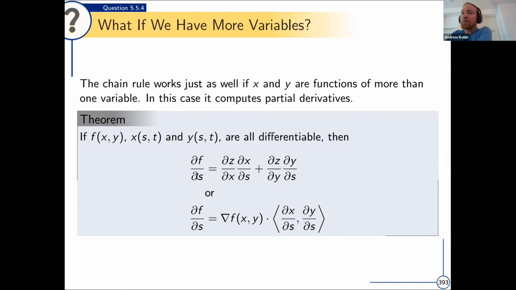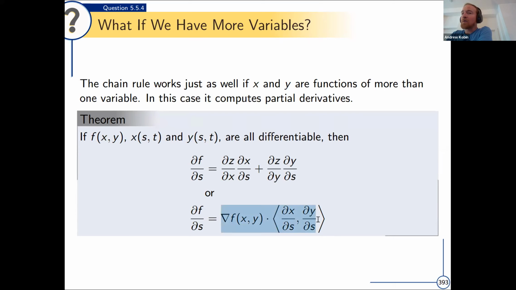So for the partial of f with respect to s, we can write this using the chain rule as the partial of f, though this should actually say f instead of z, but we're thinking of z as equal to f of x, y. So the partial of f with respect to x times the partial of x with respect to s, plus the y term, which is the partial of f with respect to y times the partial of y with respect to s.